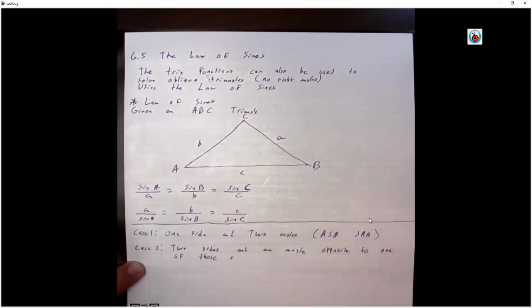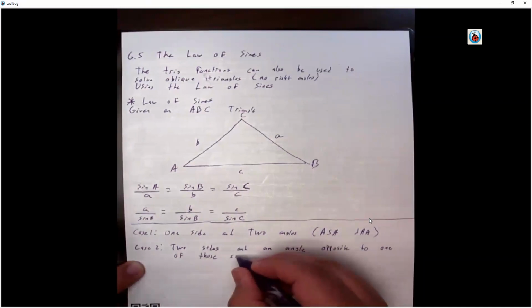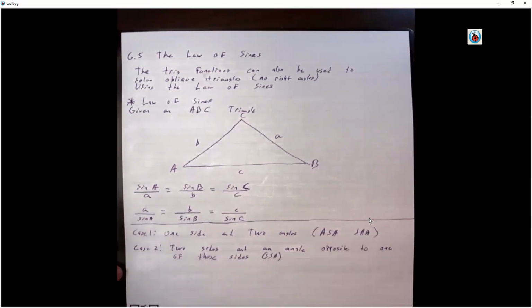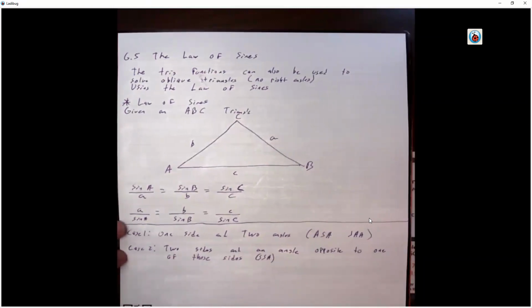Two sides and an angle opposite to one of those sides. Call this SSA. So case 1 and case 2 is law of sines.